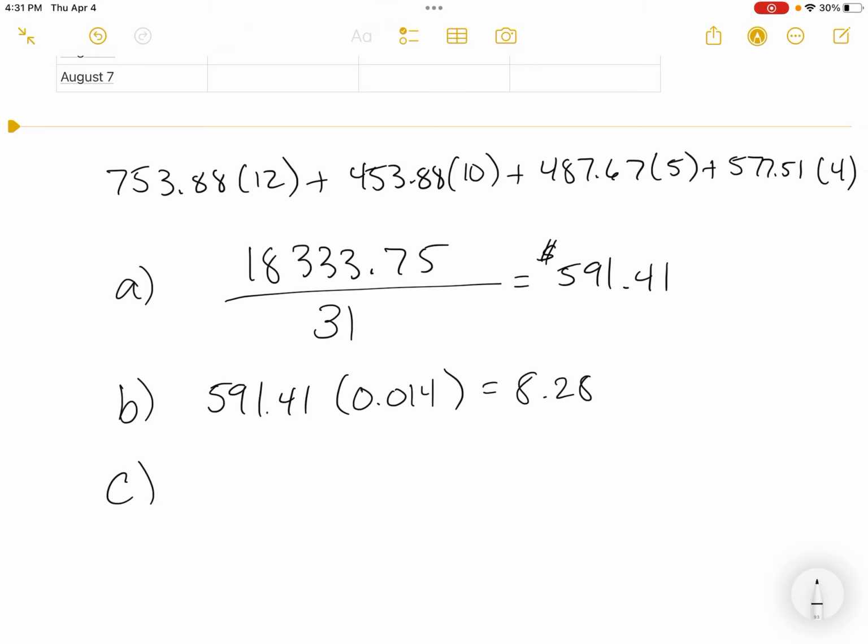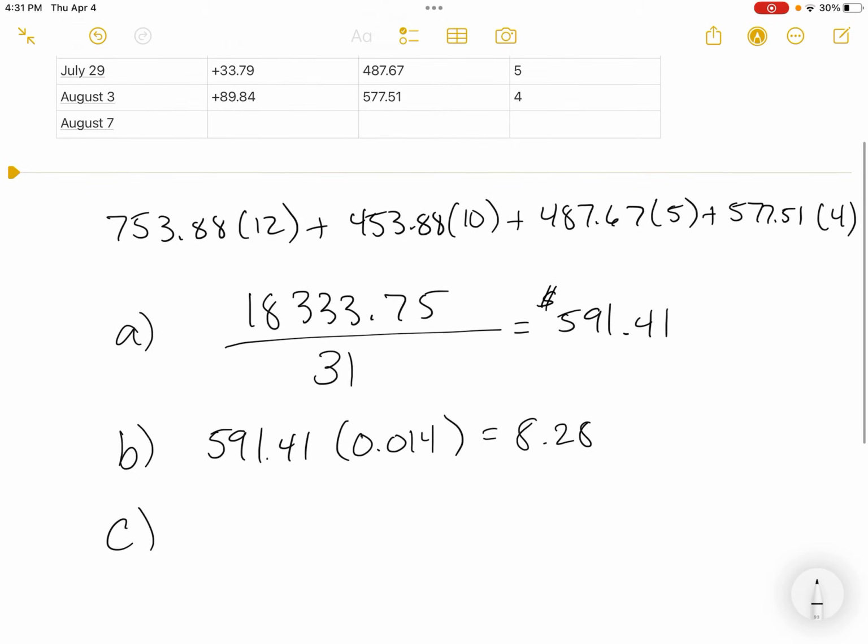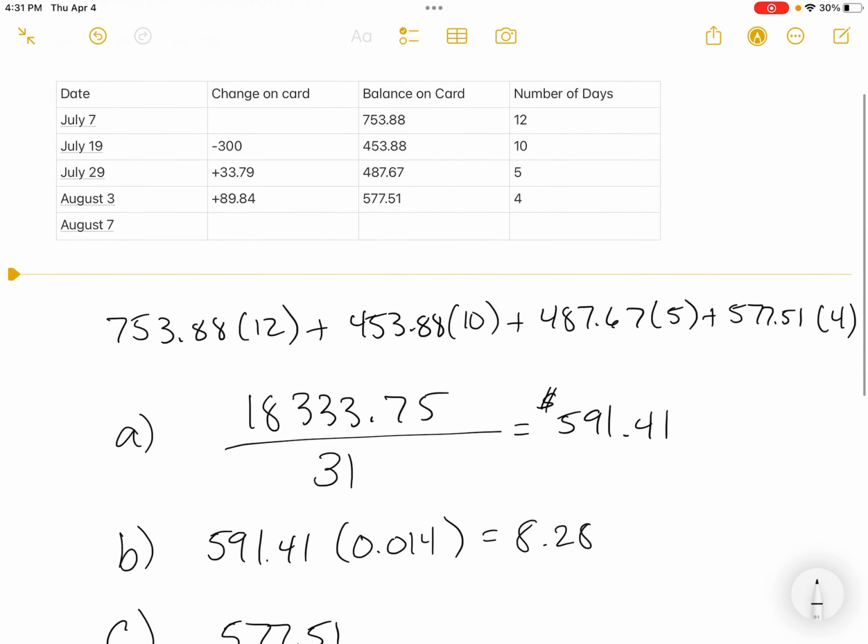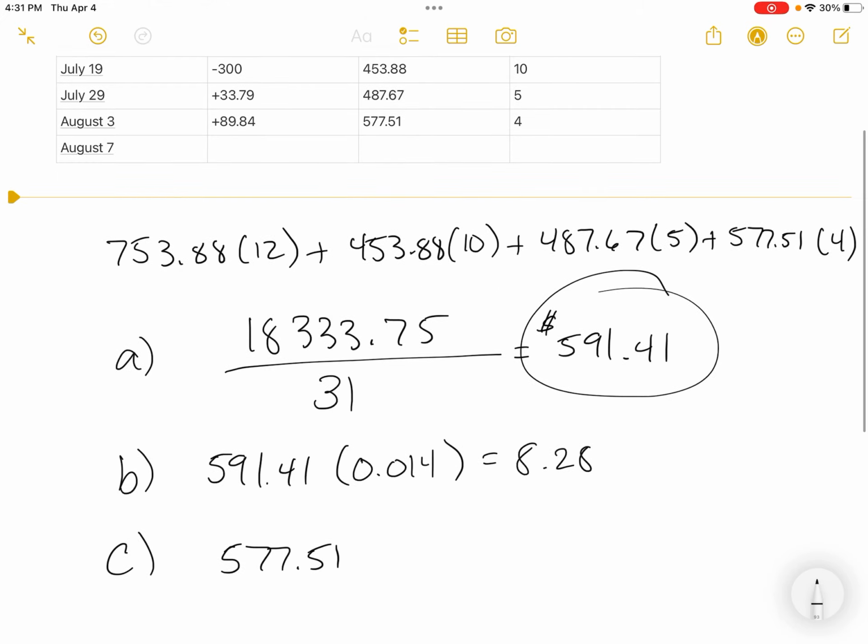So for C, if we want to know the balance in the next billing cycle, we have to take how much we owe on the credit card at the very end of the month. That was $577.51, not $591.41. Remember, $591.41, the average daily balance, is just used in order to get your finance charge.